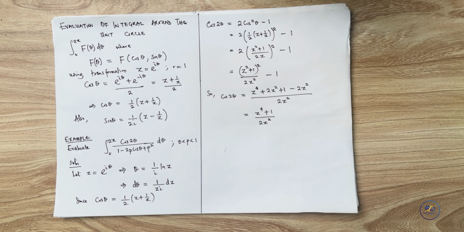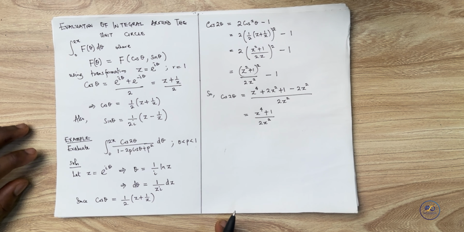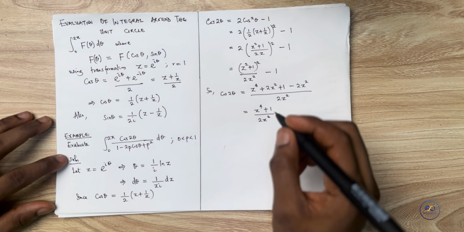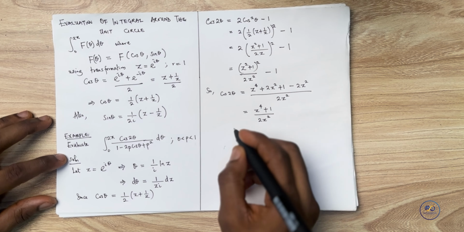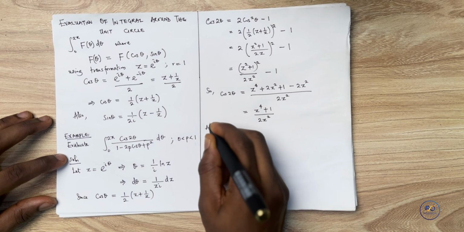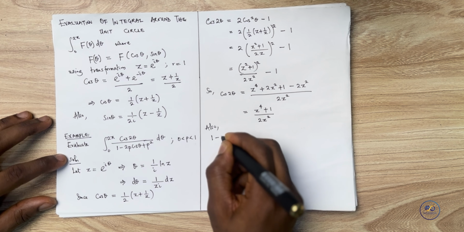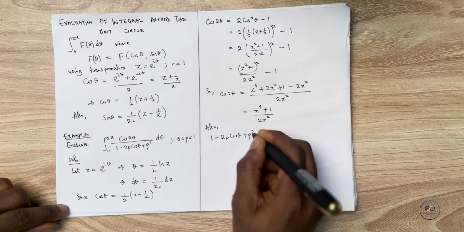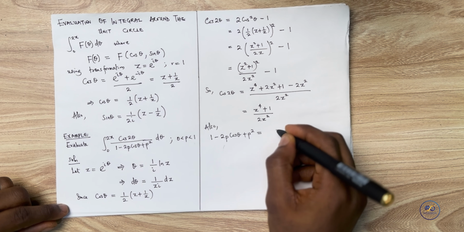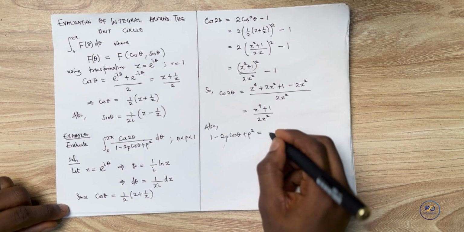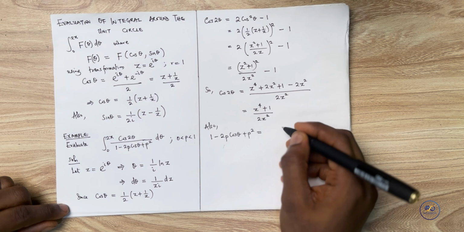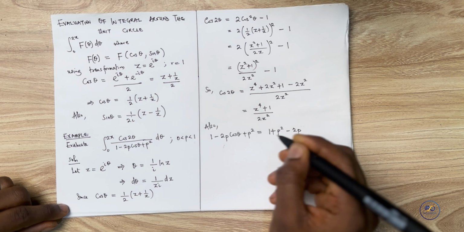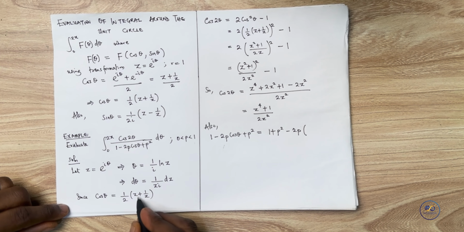Now, from here, the next thing is we have already gotten a representation for the numerator. Let's now proceed to do the same for the denominator. In the case of the denominator, what do we have? This time around, we realize that for the denominator, 1 minus 2p cos theta plus p squared can indeed be written as, bring the values without theta together, 1 plus p squared minus 2p cos theta, which of course we can use.